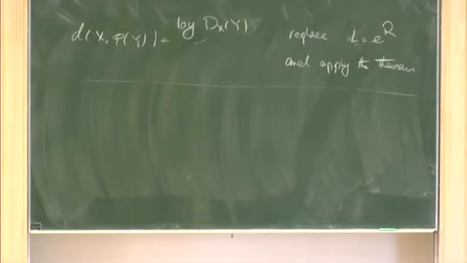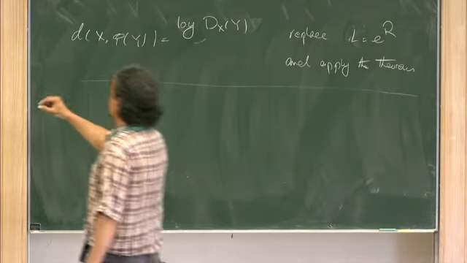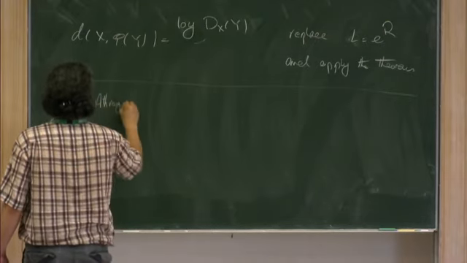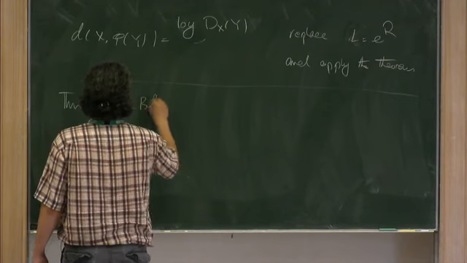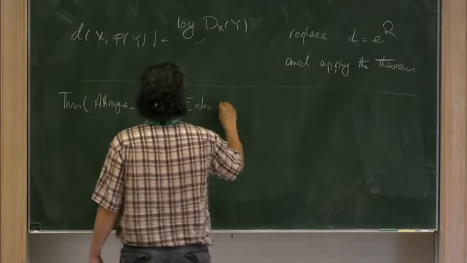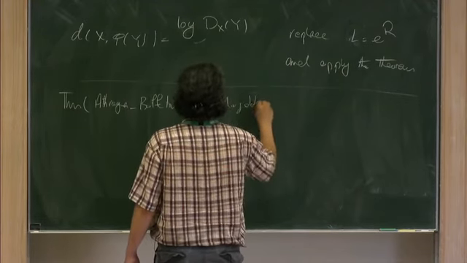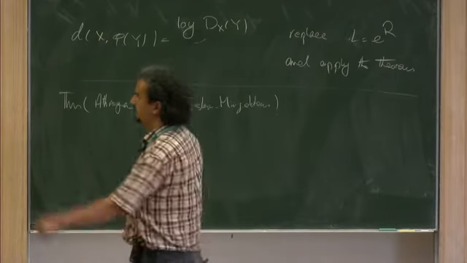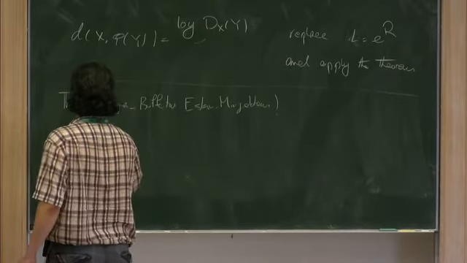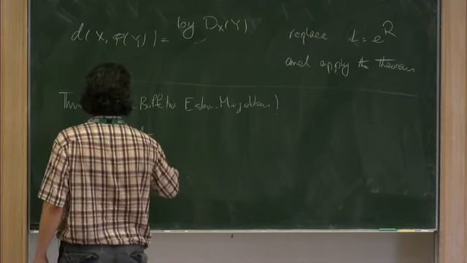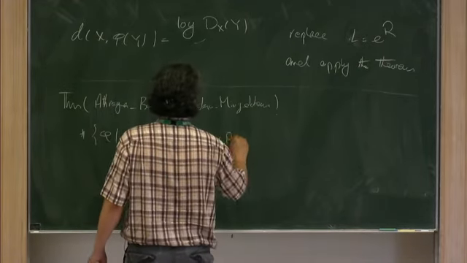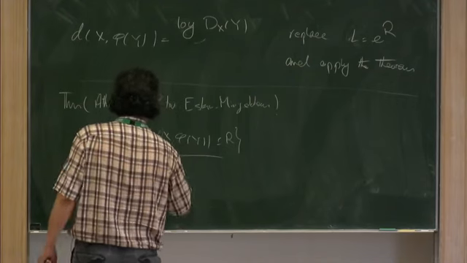So for example, there's a usual theorem, the old version, by Athreya, Bufetov, Eskin, and Mirzakhani, that if you want to do the same thing with respect to the Teichmüller distance, count the number of phi where the Teichmüller distance between x and phi of y is less than or equal to r. Again, this grows exponentially.